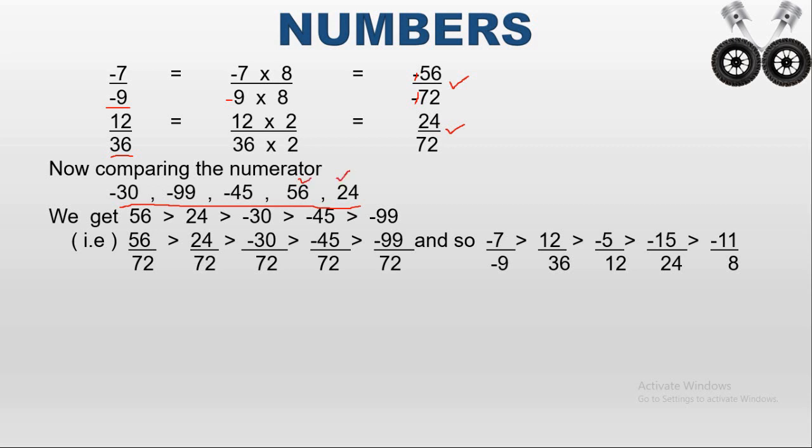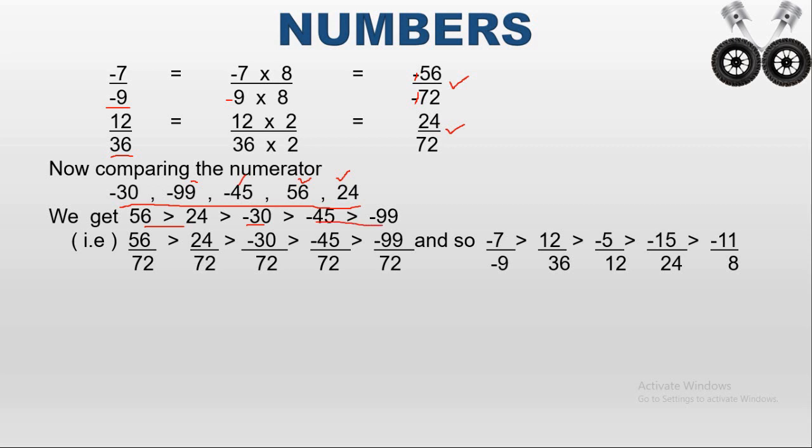Which one is greater? 56 is greater than 24. Next we compare the negative numbers. The negative number with the smallest value is the greater one. So the third greatest number is minus 30, the fourth greatest is minus 45, and the fifth greatest is minus 99.